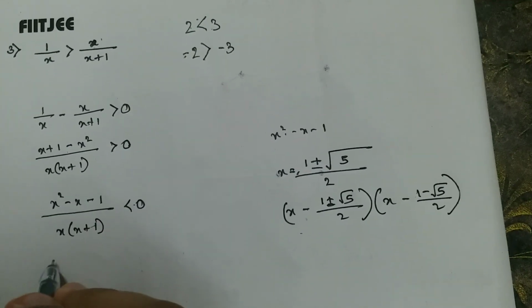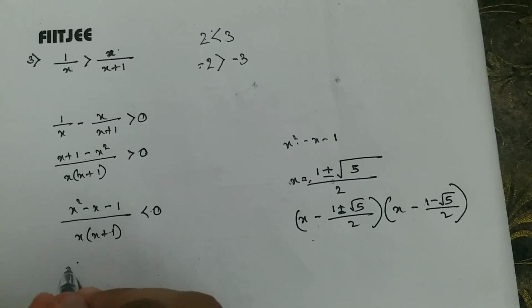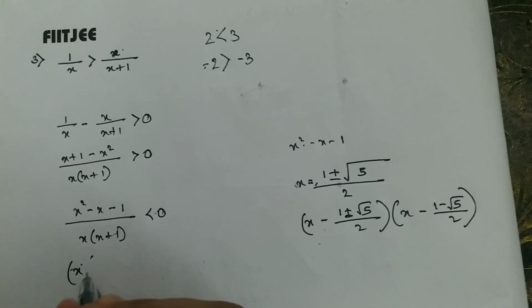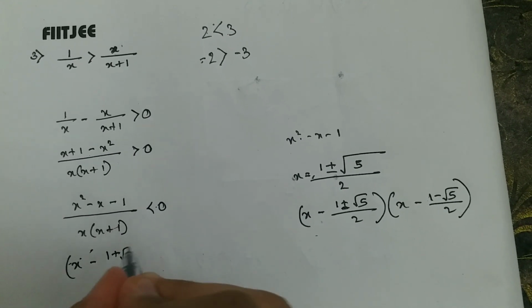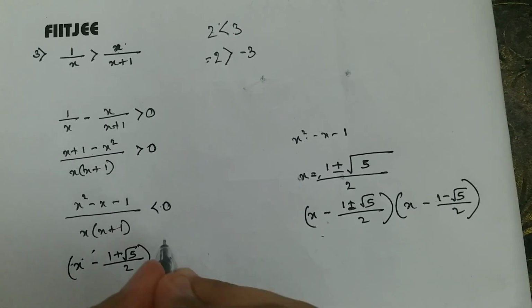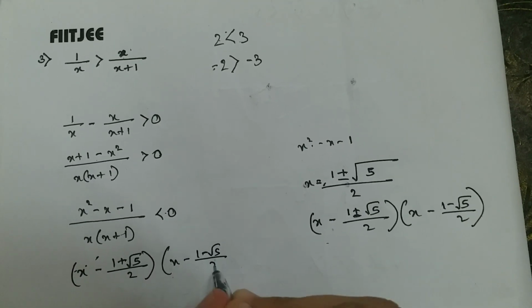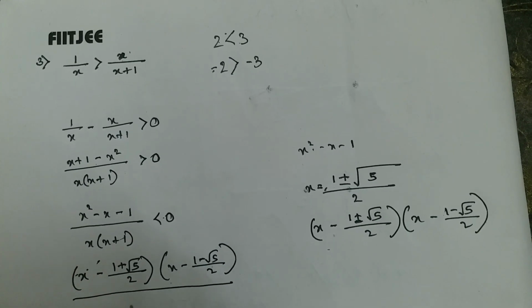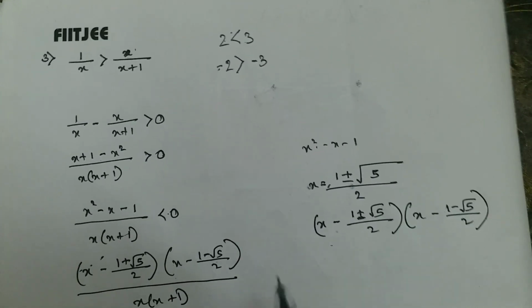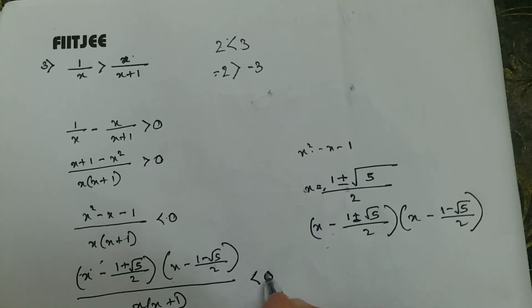Okay, so let's write these two here: x minus 1 plus root 5 by 2, x minus 1 minus root 5 by 2, by x into x plus 1 lesser than 0.